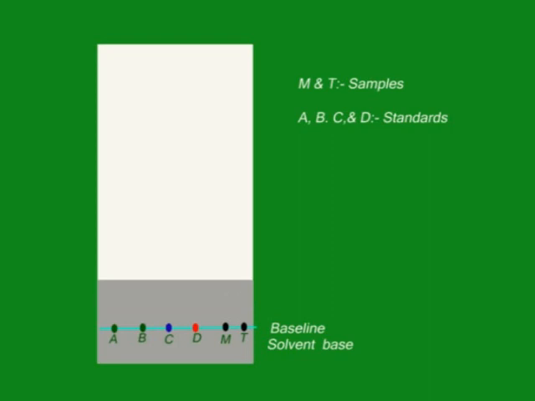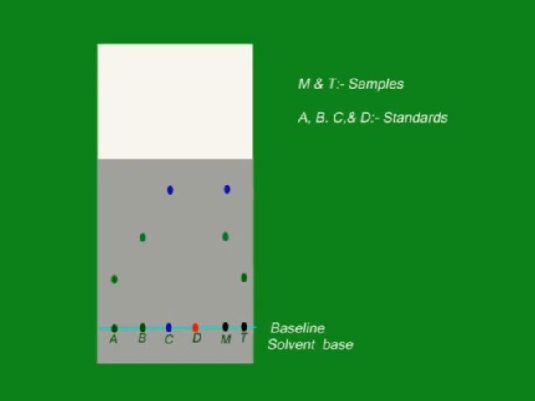It rises, and there we have our first spots. The solvent rises again, and there we have the second spots. It continues to rise, and we have the third pair of spots.